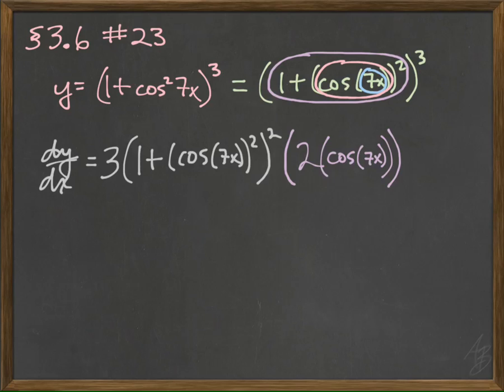In the purple function, I'm going to just kind of briefly use substitution here. If we say u equals the cosine of 7x, then inside the purple circle we have 1 plus u squared. And the derivative of 1 plus u squared would be 2u. Does that make sense?